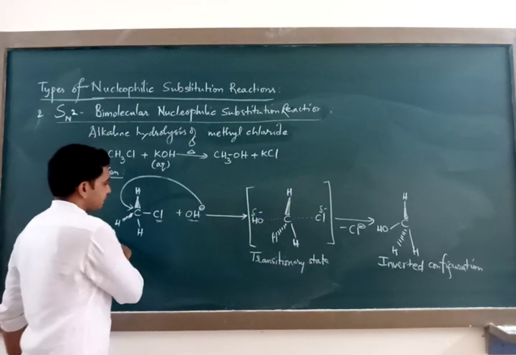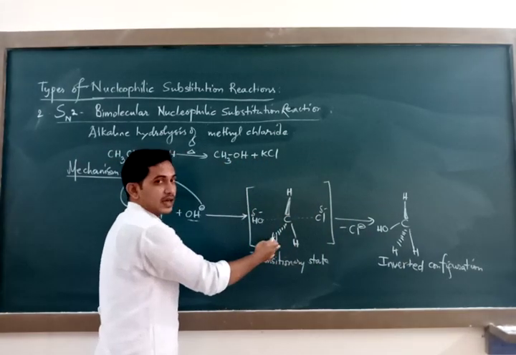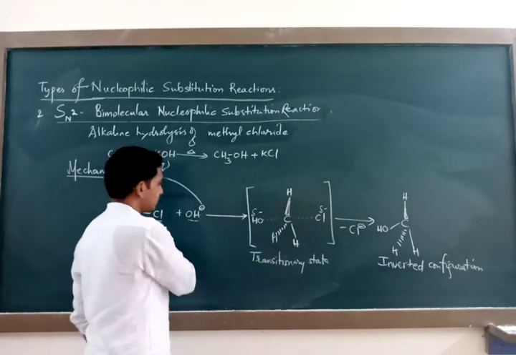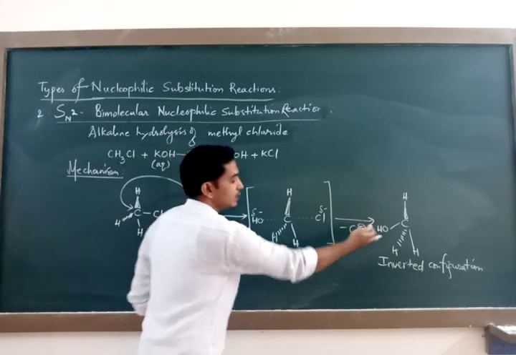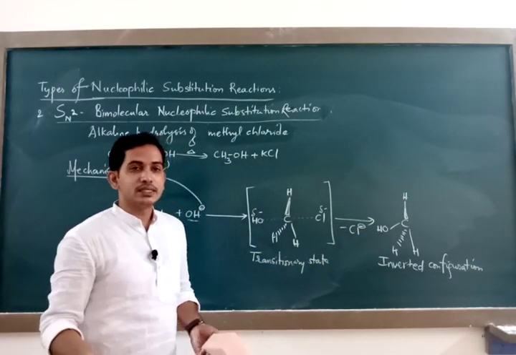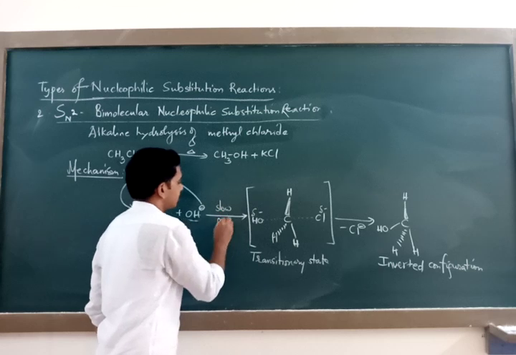Now from here till here there is only one step. This is not considered as two steps, from here to here one step, from here to here another step. No, from here till here there is only one step. That one step itself is a slow step. So the slow step is also called the rate determining step.